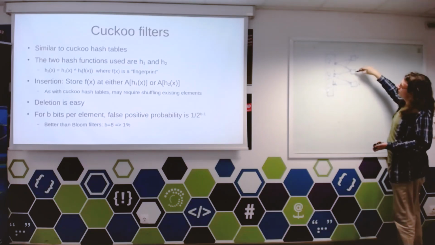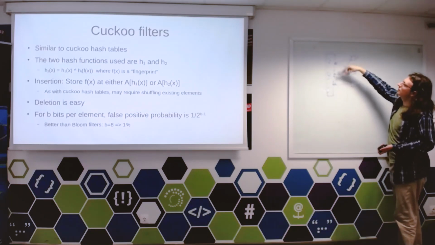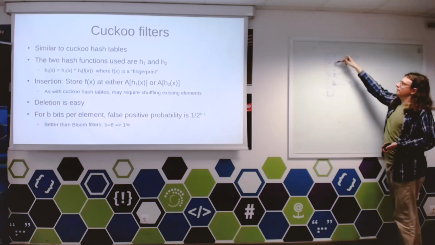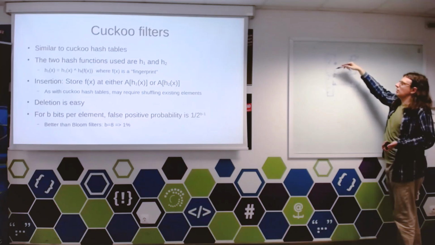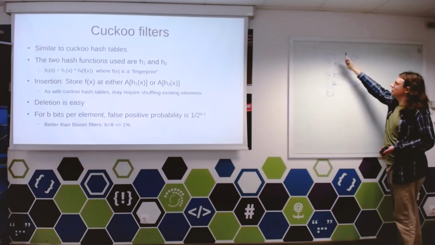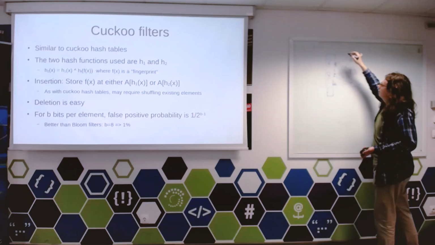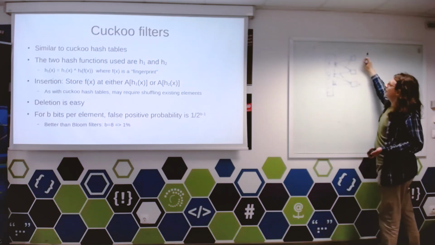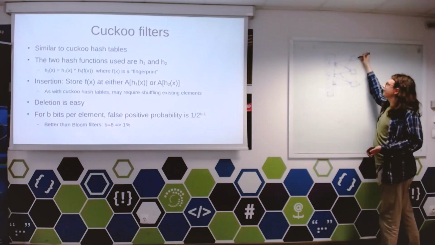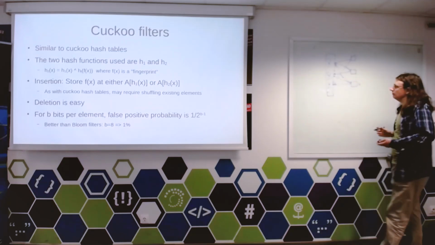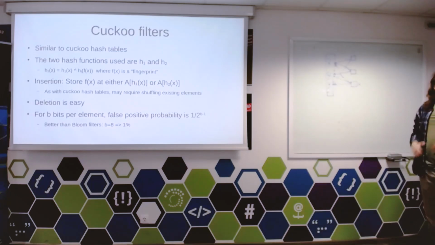Now we can't insert this guy because both of these slots are taken. So what we need to do is pick one somehow and kick it out and move it somewhere else. So we insert this guy here, and then we need to reinsert this guy somewhere else. And sometimes we can do that. It turns out that, well, I'm actually lying here, this isn't true at all.